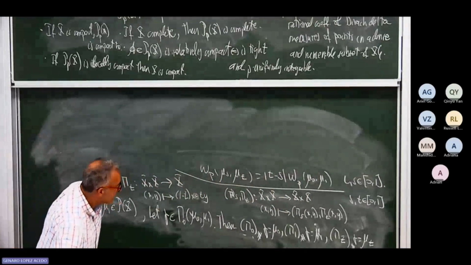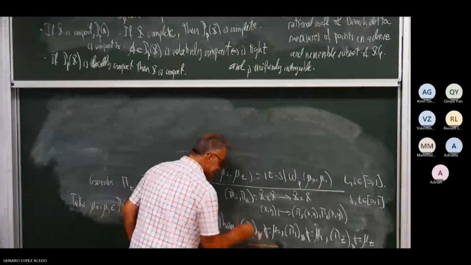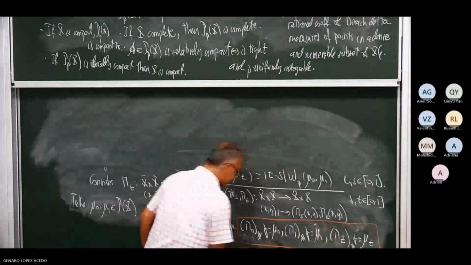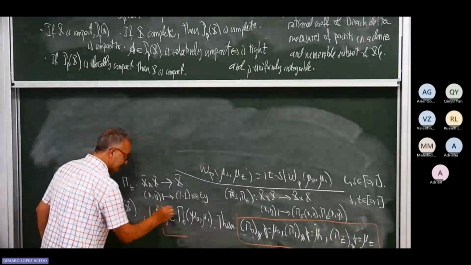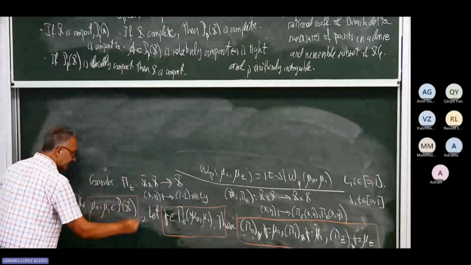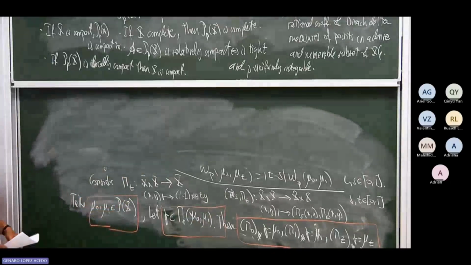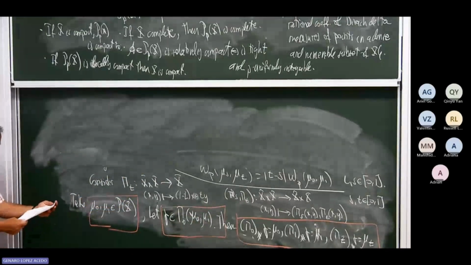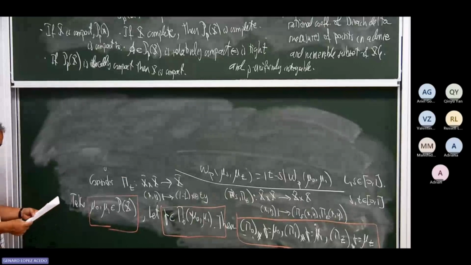So we have this. We have gamma optimal plan. We have 2 probabilities that we want to join, right? With a geodesic segment, right?